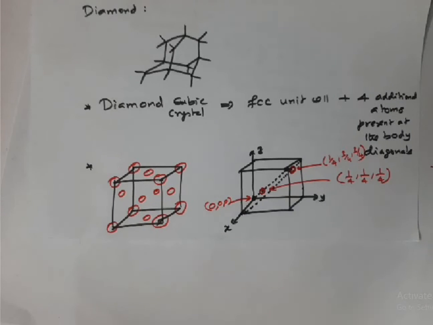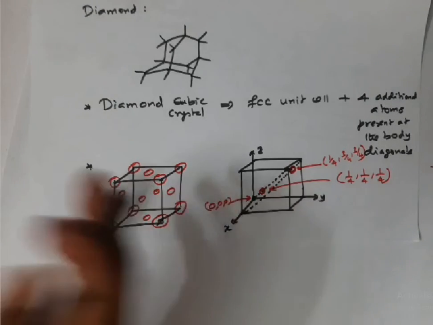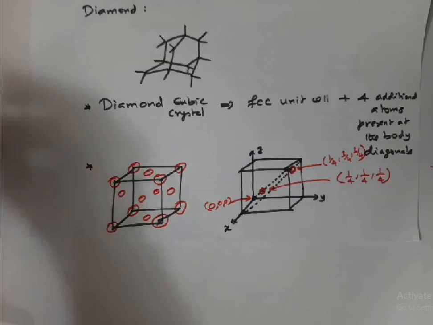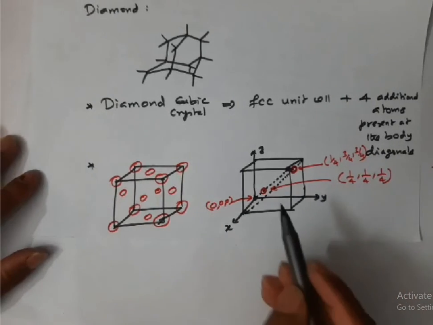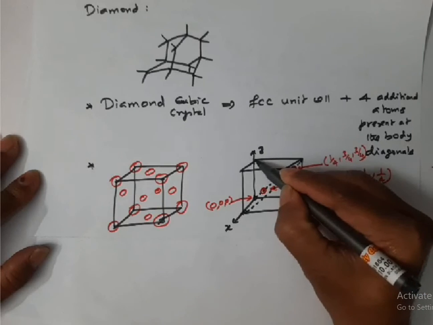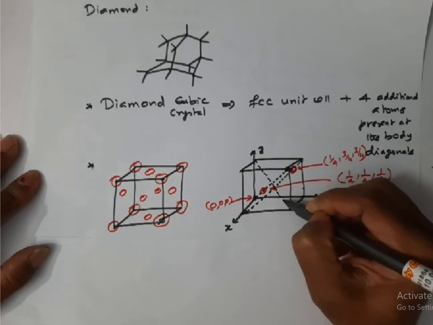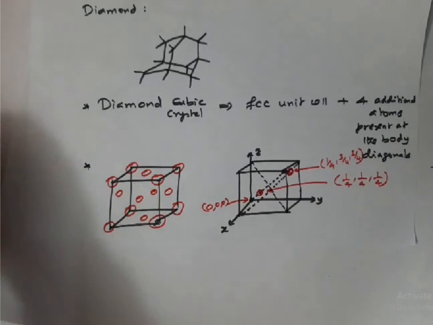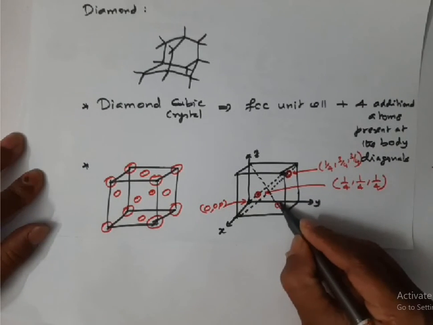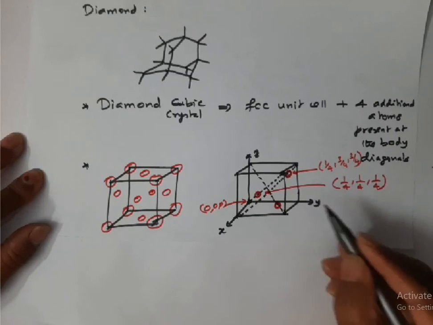Students, observe this carefully. I will discuss these coordinates a little later. Then the third body diagonal, let me draw here from this corner to this corner. In this body diagonal, I'll keep the atom at this position, near this corner.